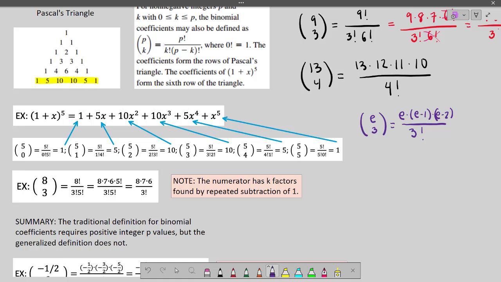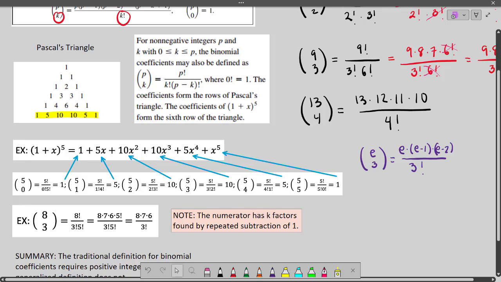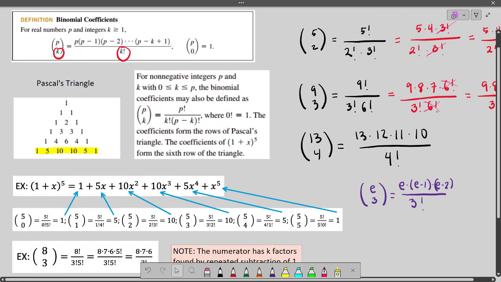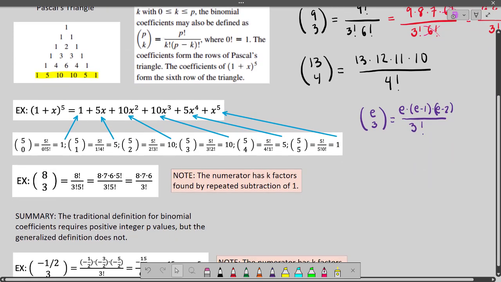So we can take our binomial coefficient and generalize it so that the upper number, it looks like a numerator, but it's the upper number. With the original definition, that upper number must be an integer in order to do that factorial. But with this modified definition, we can use irrational numbers in there. We can also use negative numbers in there.